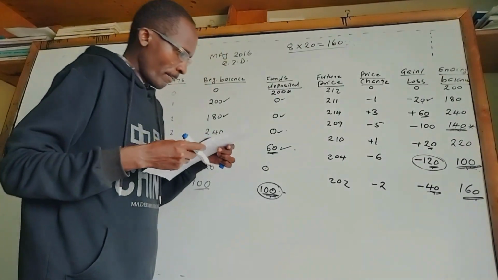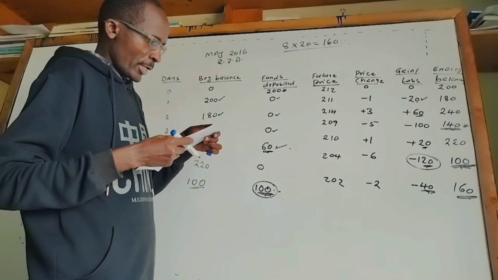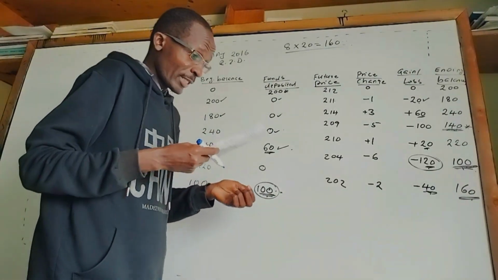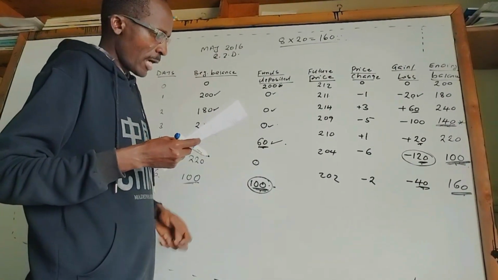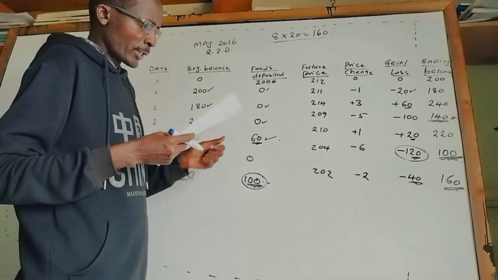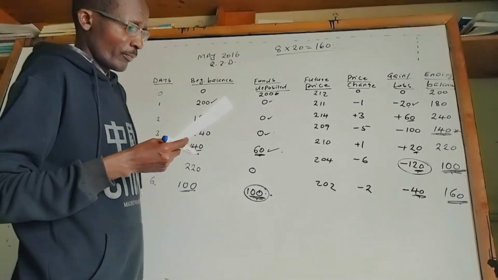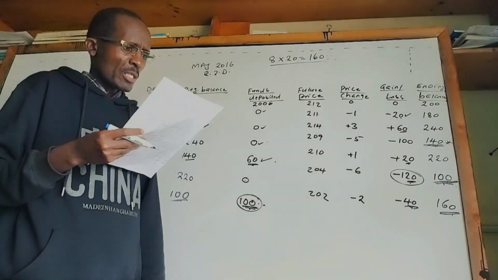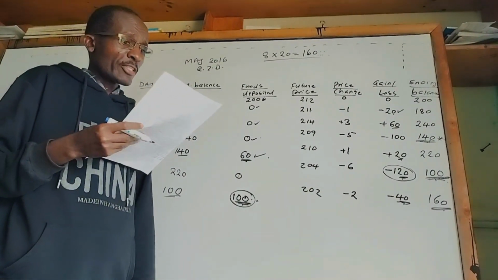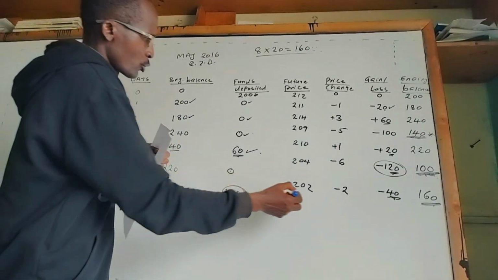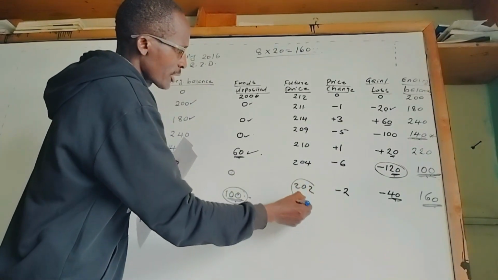Then somewhere else we are told you must deposit enough money to bring the balance up to the initial margin requirement of $200. So on day 6, you deposit $100. By the end of day 6, the price is 202. So you can see the futures price here.